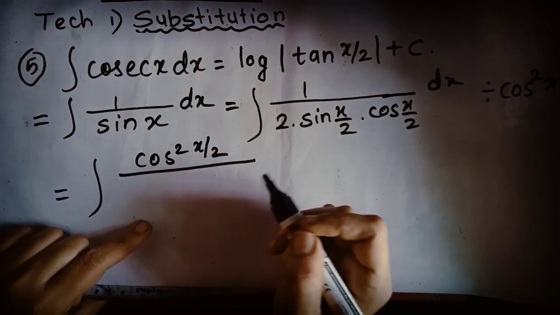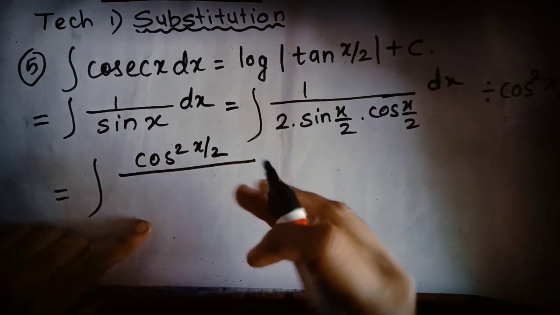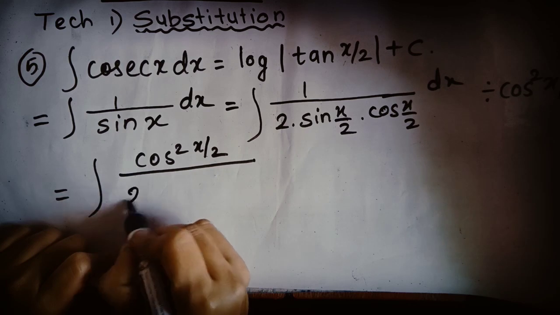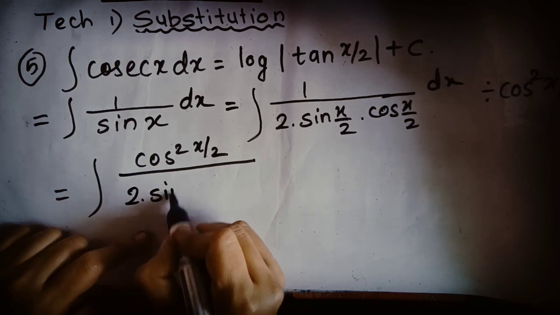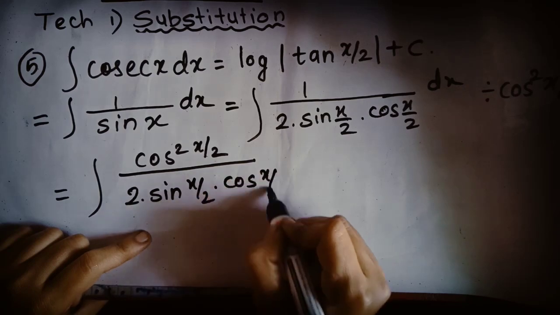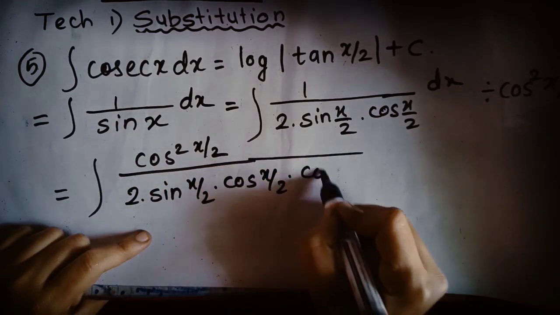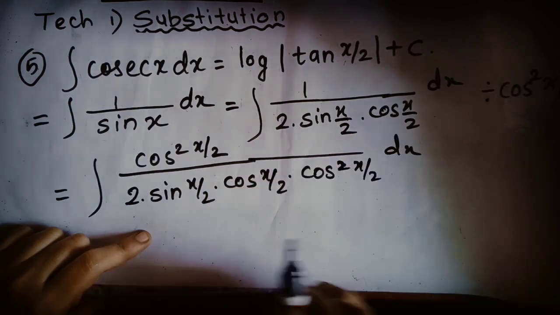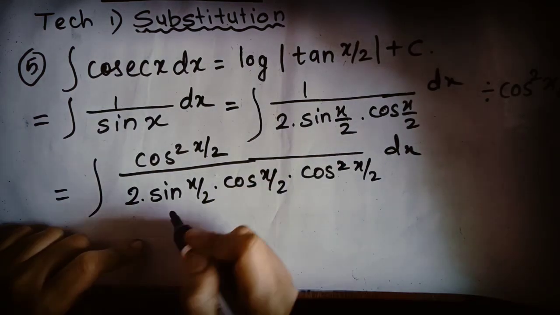Dividing means I am multiplying the numerator and denominator by cos square x by 2. So this will be 2 times sin x by 2 into cos x by 2 into cos square x by 2 dx.